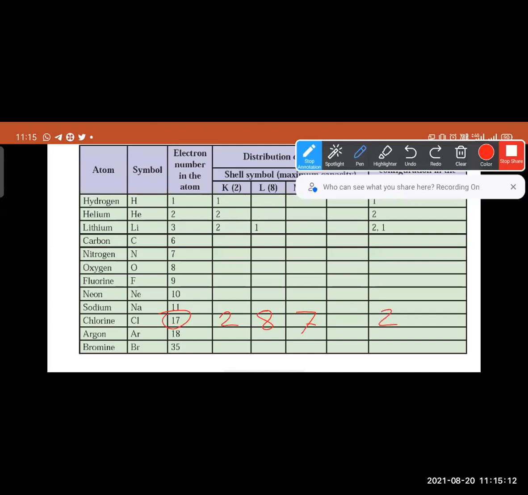Therefore, its electronic configuration will be 2, 8, 7. Now, in case of argon, the first orbit will have 2 electrons, the second orbit will have 8 electrons, and the third orbit will have 8 electrons.